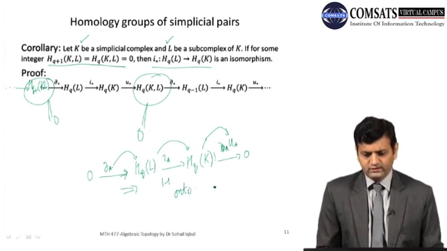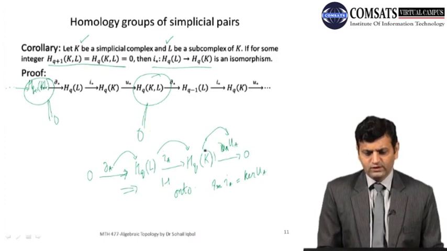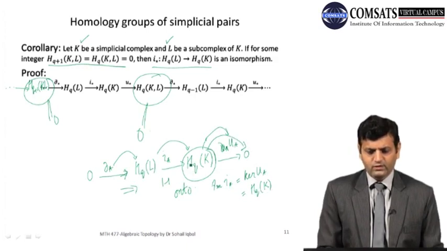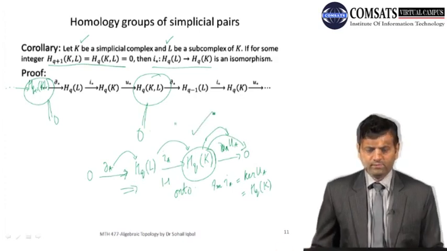Let me write down again. The image of i_* is equal to the kernel of u_*, but the kernel of u_* is H_q(K), because everything in H_q(K) is going to 0. So that's why this is equal to H_q(K), and if the image of i_* is H_q(K), this is onto. So if it is 1 to 1, onto, and a homomorphism, then this is an isomorphism.